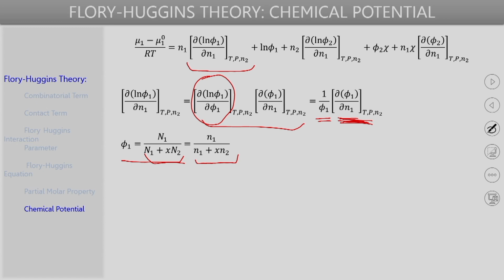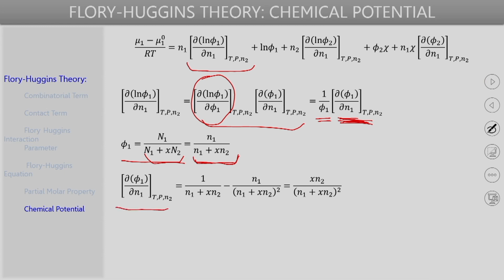That Avogadro constant will cancel in both the numerator and the denominator, and you will just get this expression for phi 1. So now that we have this expression for phi 1, we can differentiate it with respect to n1, and this derivative upon differentiation will lead to two terms, and these two terms can be combined into this single term here.